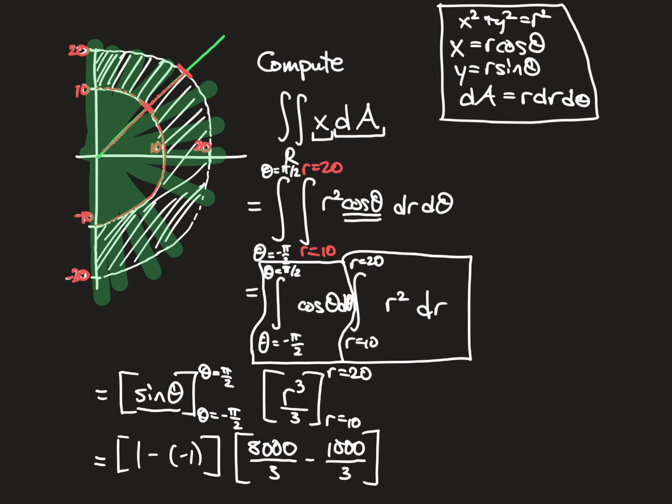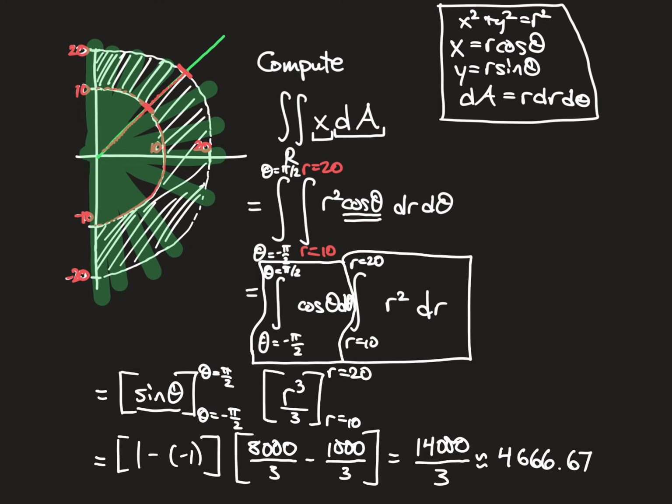And if we do the same operation on the second integral, what we get is 8,000 over 3 minus 1,000 over 3, which turns out to be 7,000 over 3, times 2, which is 14,000 over 3. I guess it's not strictly necessary to do this, but this is approximately 4,666.67.